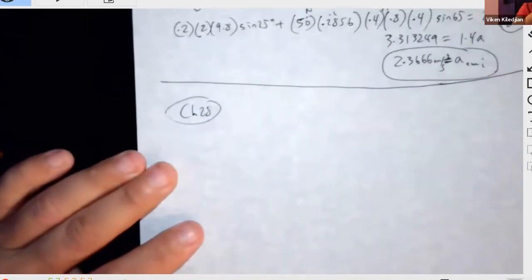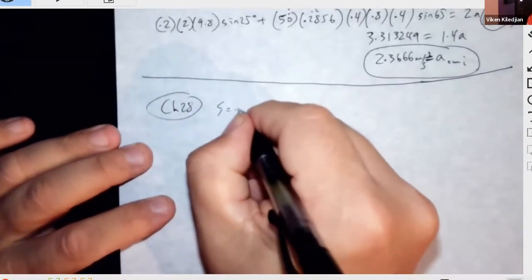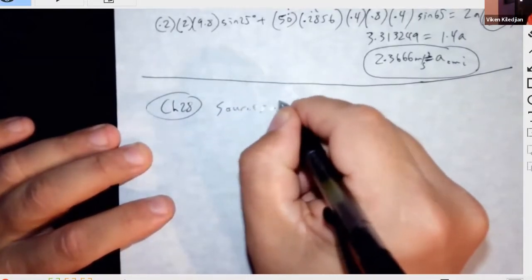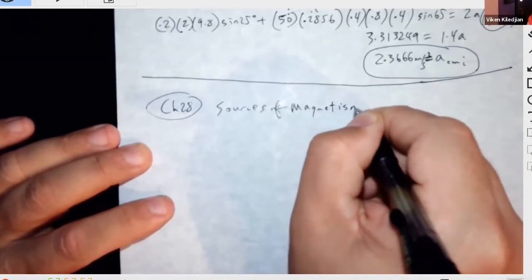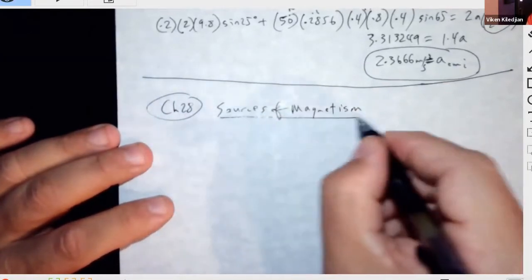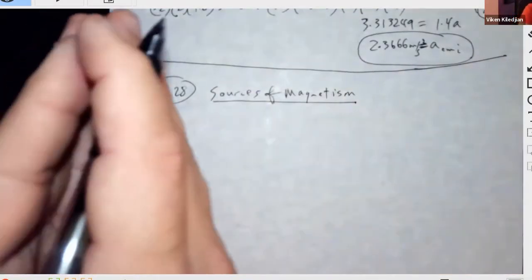So in this chapter, we learn the sources of magnetic field, sources of magnetism. In other words, in chapter 27, we focused on when you already have a magnetic field, how does that magnetic field affect another wire?